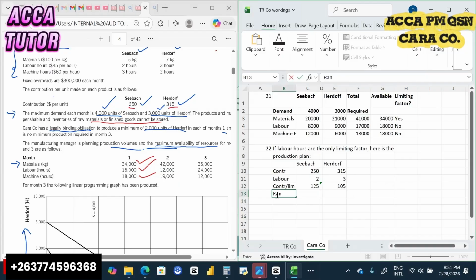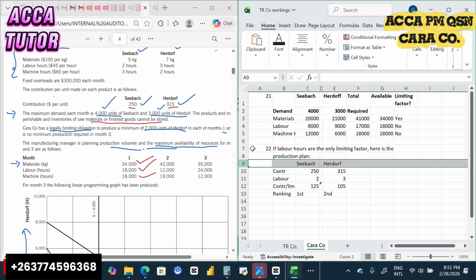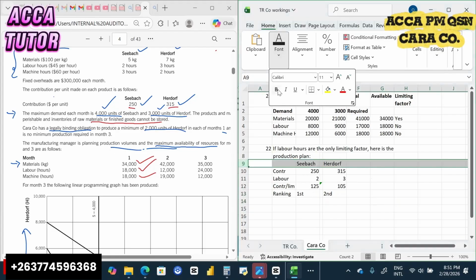So our ranking, which one should be produced first? 125, and this one second. That's the ideal plan, isn't it?